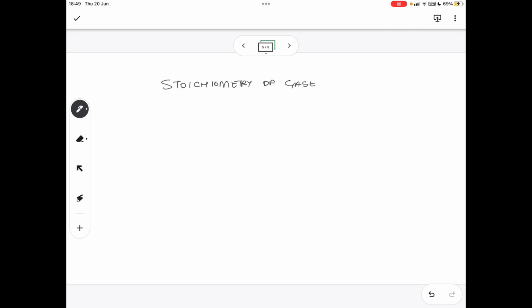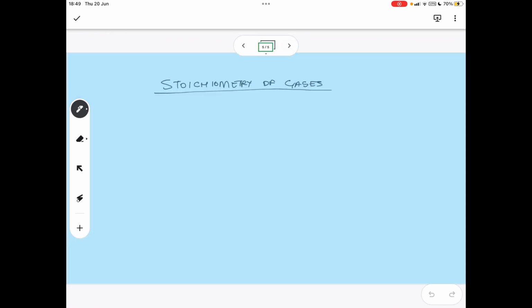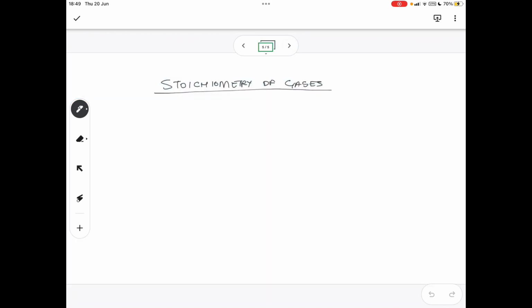So we're going to look at stoichiometry concepts in gas laws, so stoichiometry of gases. Remember, if we have the number of moles of a gas, we can multiply that by 22.4 dm cubed to get the volume of the gas at those number of moles.